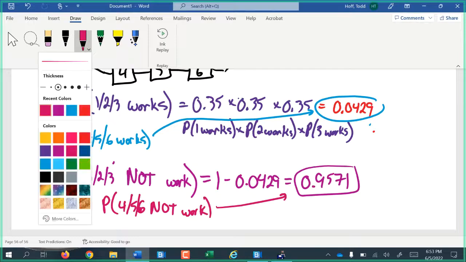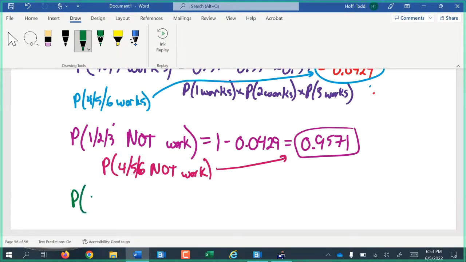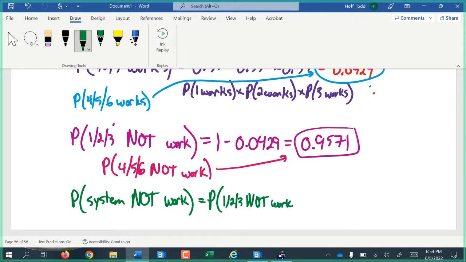So the probability then that the whole system does not work is the probability that the 1, 2, 3 does not work, times the probability that the 4, 5, 6 does not work.